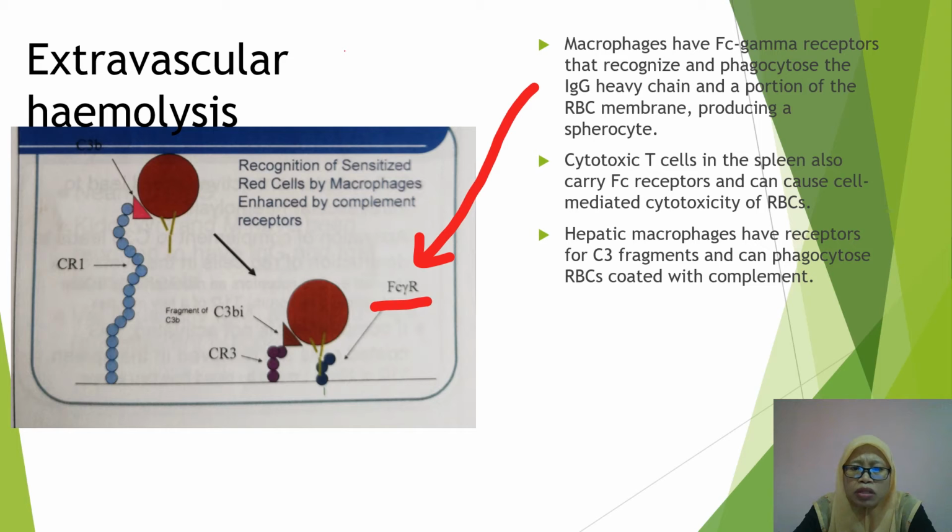The cytotoxic T cell in the spleen also carries Fc receptor and can cause cell-mediated cytotoxicity of the red blood cell. And the hepatic macrophages have the receptor for the C3 complement fragment, and can also phagocytize the RBC which is coated with the complement.